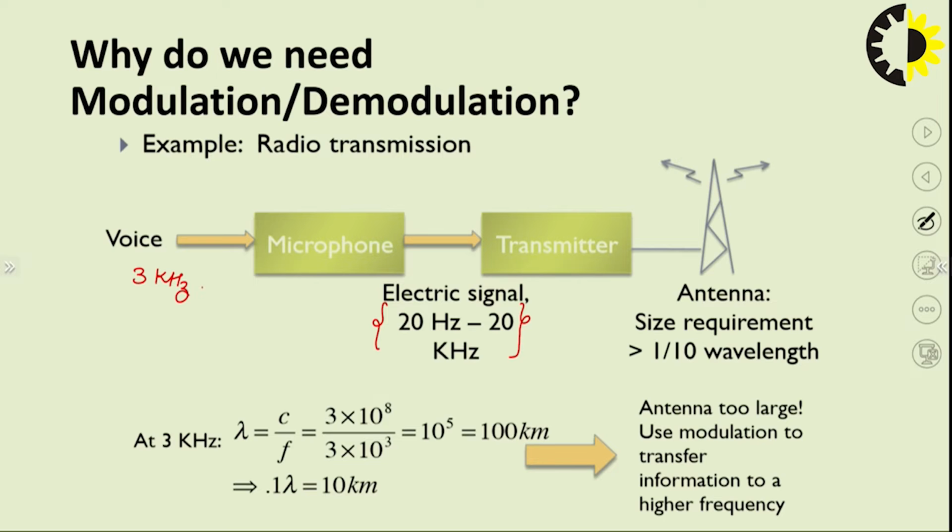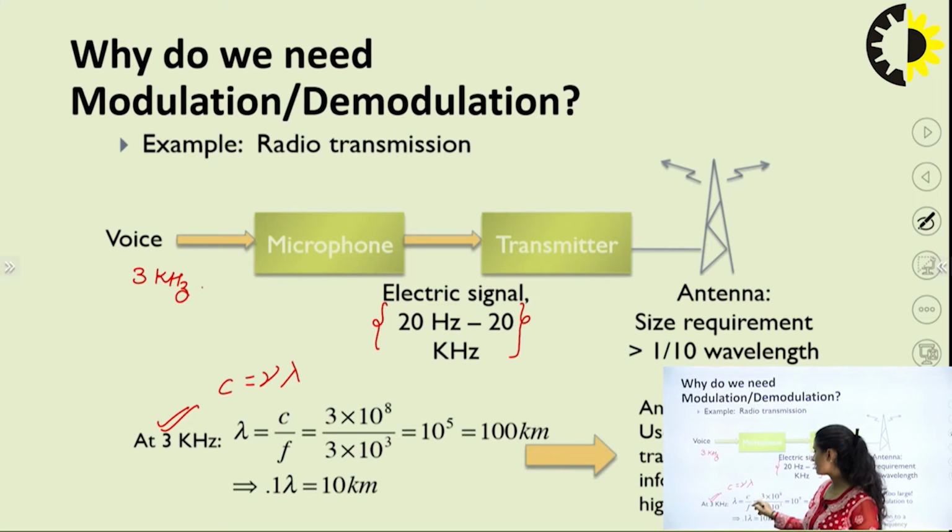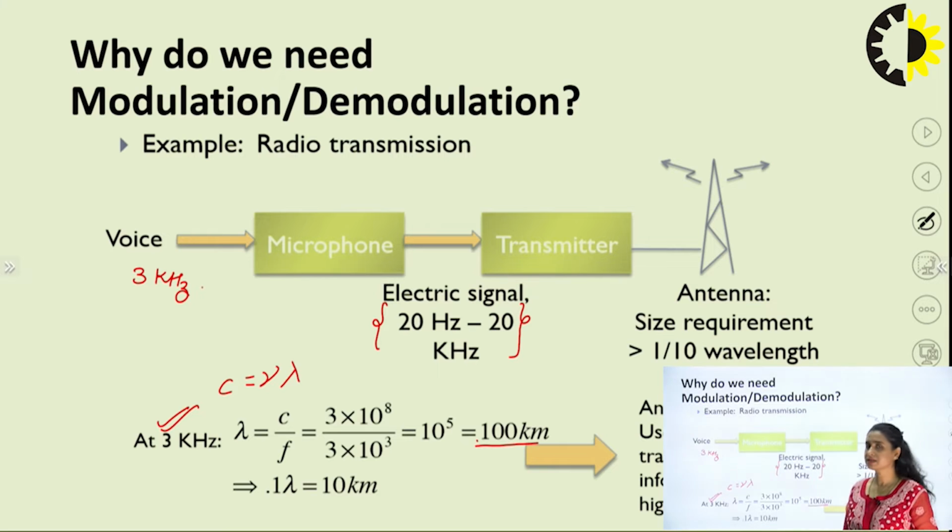Let us consider the frequency to be 3 kilohertz. For a 3 kilohertz wave, I know C equals, so my lambda will be C by F. At 3 kilohertz, my lambda comes out to be 100 kilometers.